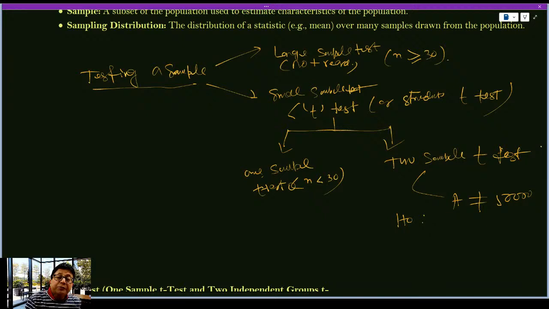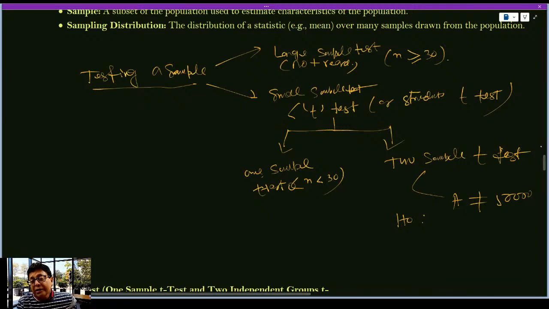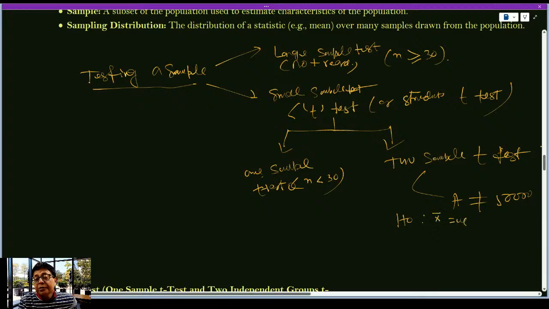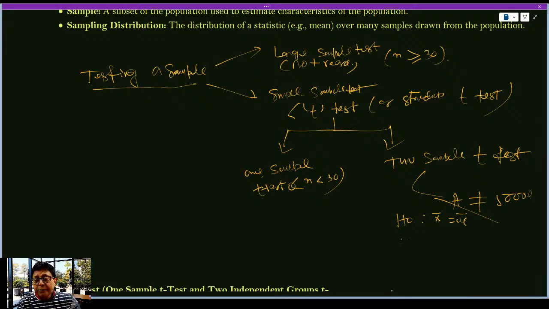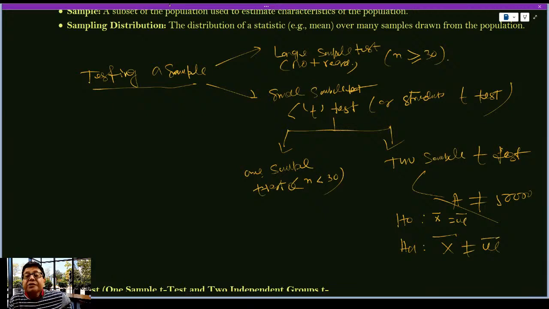If you want to find the population mean with the help of the sample mean, then you will say that the sample mean x bar is equal to the mean mu. This is the hypothesis. This is called the null hypothesis. For the alternative hypothesis regarding the sample, you are telling that no, x bar is not equal to mu. Then this is called the alternative hypothesis.